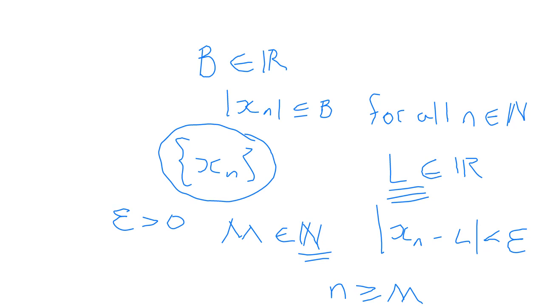And is written as the limit as n tends to infinity of the sequence is equal to L. It should start looking a lot like what you learned in Cal 1. So I'm hoping you learned it in Cal 1.